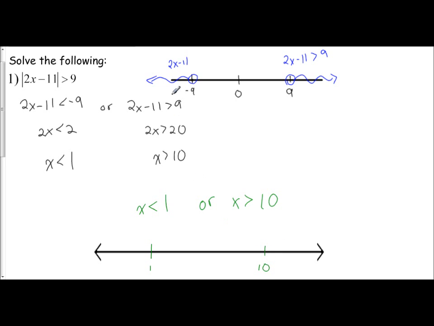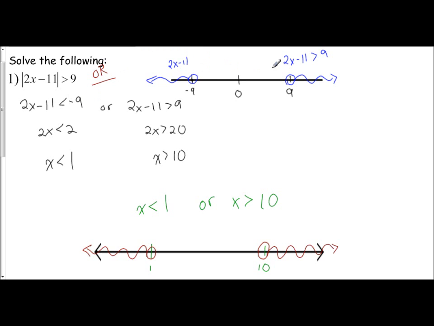We know that they are open circles. We're greater than 10, so all the numbers to the right, and less than 1, so all the numbers that are less than 1. And we notice since it is greater than 9, this was an or compound inequality. Remember, greater than tells you it's an or compound inequality. And we just split it.